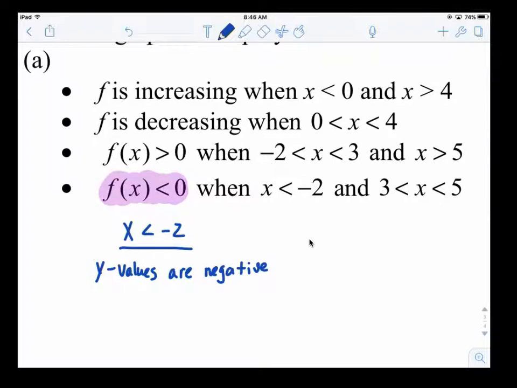Now, what do we know about what the graph is doing when x is less than negative 2? Is it going up, or is it going down? What does it say here? F is increasing when x is less than 0. So that means that the graph is going up until you get to x equals 0, and then you have to change direction.